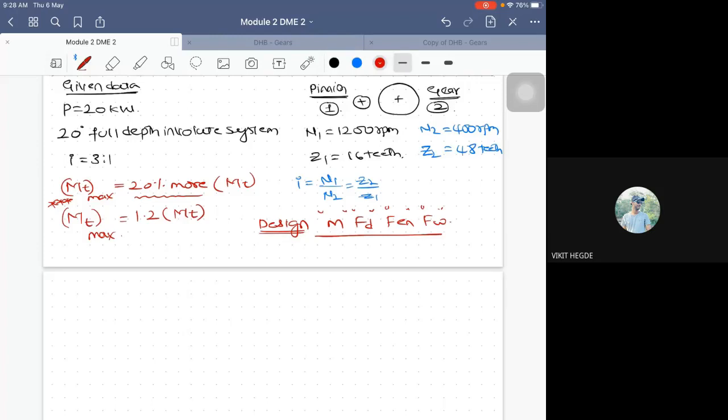1.2 MT. Exactly. Shall we start the problem? Shall we start the solution?